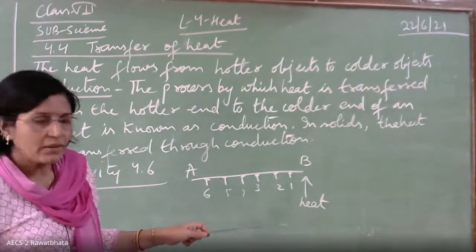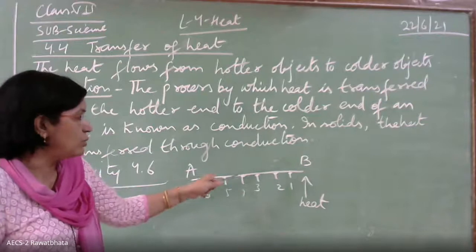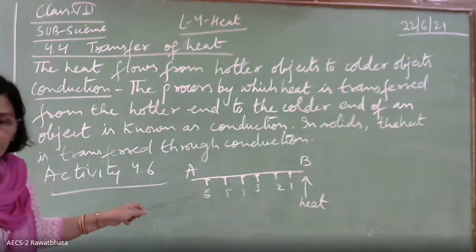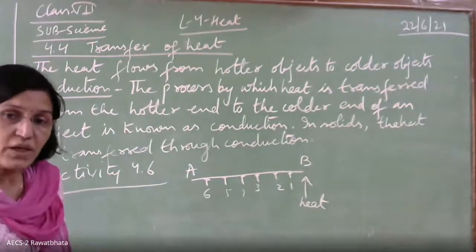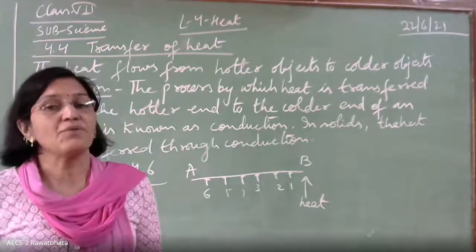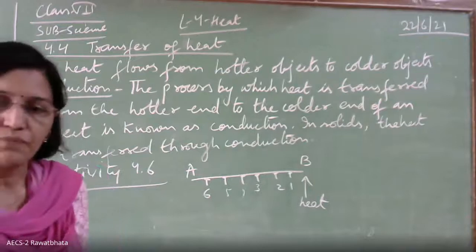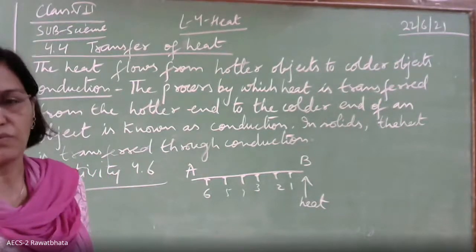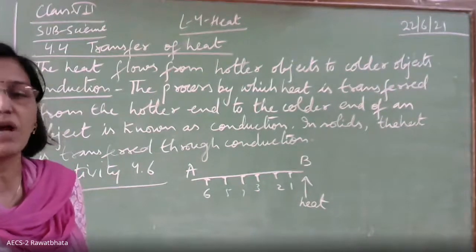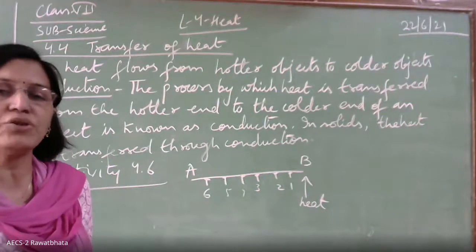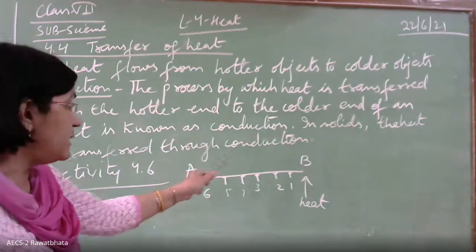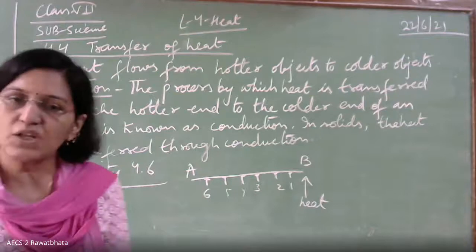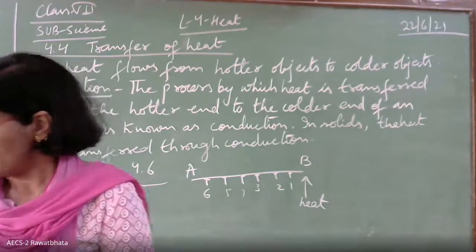Slow and steady, the heat gets transferred from 1 to 2, and so on, until it reaches 6. The nail which receives the heat has wax at the top of it; the wax melts and the nail falls down. That is a clear indication that heat is getting transferred from end B to end A. That's what activity 4.6 is all about.